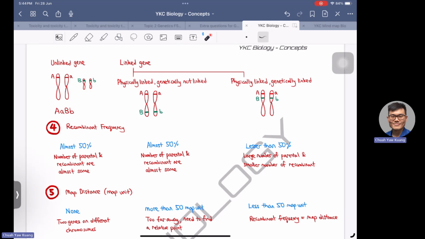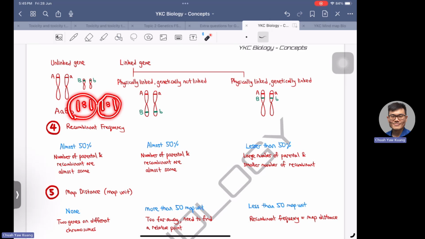When we count the recombinant frequency, as you can see from the ratio just now, the unlinked genes will give us 1 to 1 to 1 to 1. So you can see that the ratio of the recombinant is almost equal to the ratio of the parental.